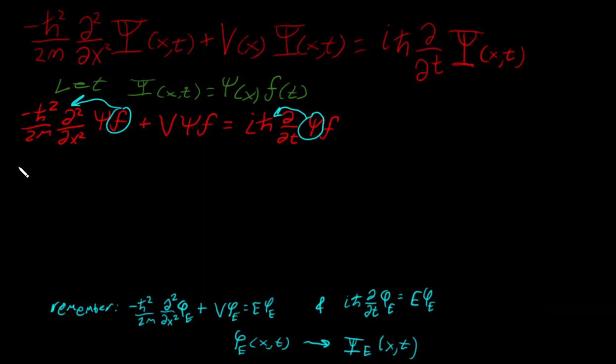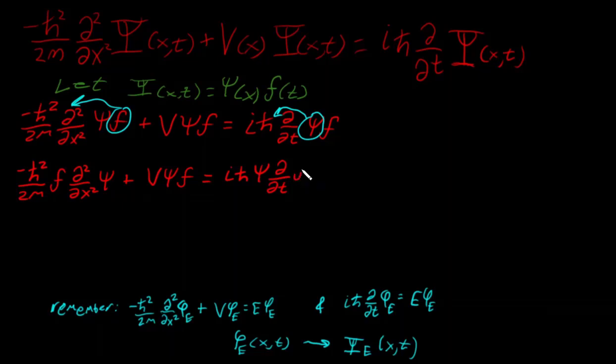So let's now rewrite our equation: negative h bar squared over 2m, f times d squared by dx squared of psi, plus V psi f, equals i h bar psi d by dt of f.